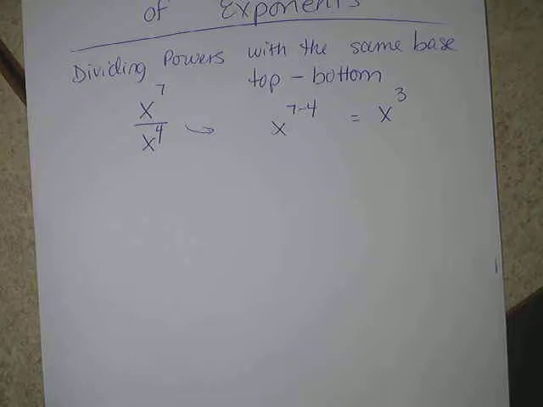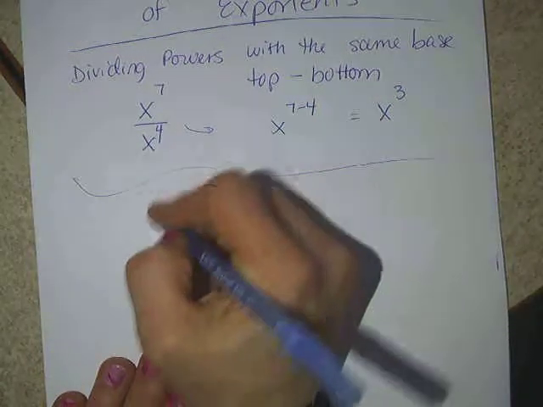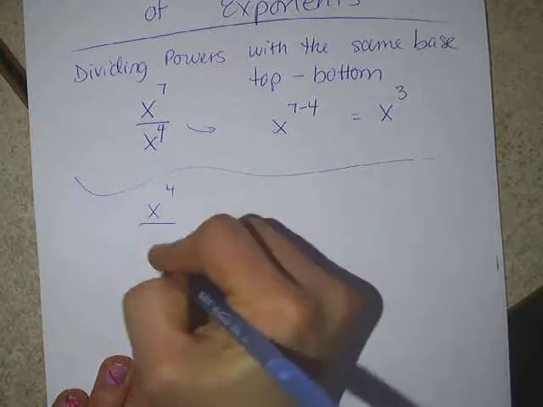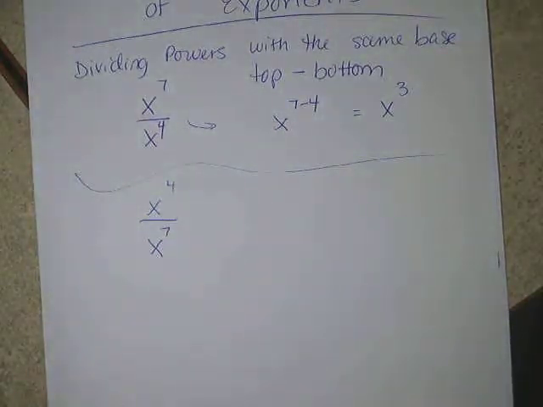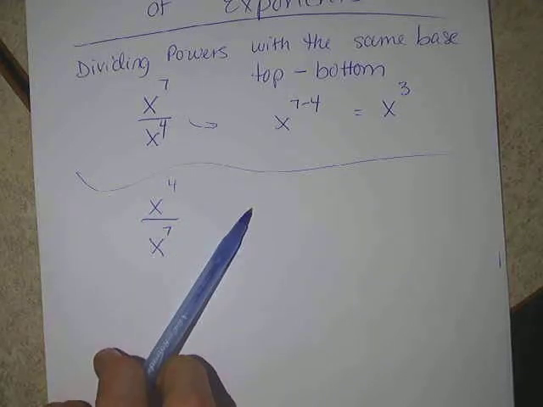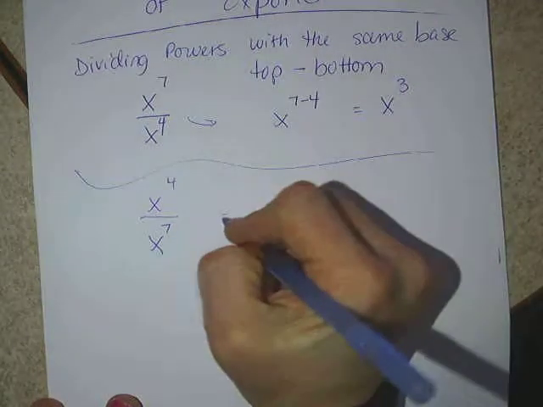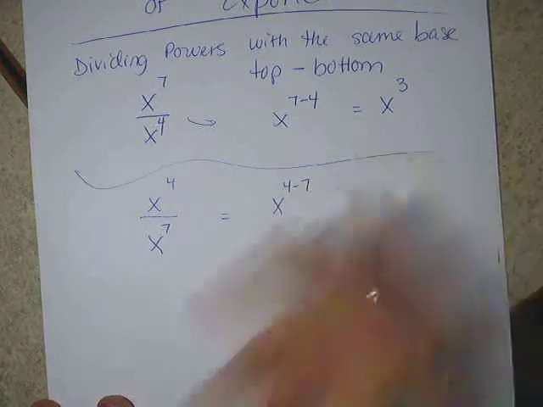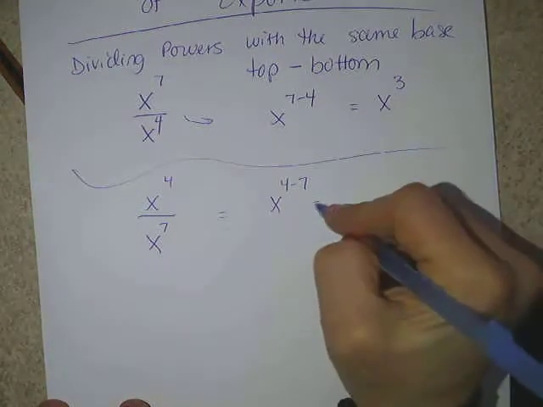Would they be negative then? On top they would, but we would follow the rules so that we have no negative exponents. Well, if it was like 4 over 7, then... Now, if you're following the rule, this would be 4 minus 7. We don't just do what's convenient.